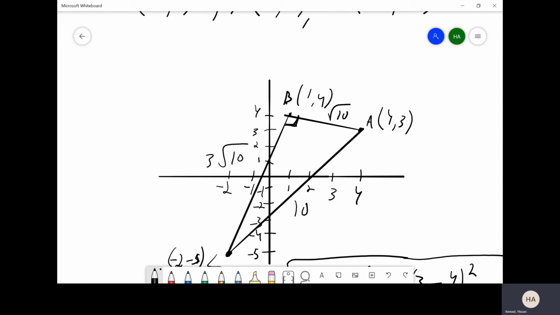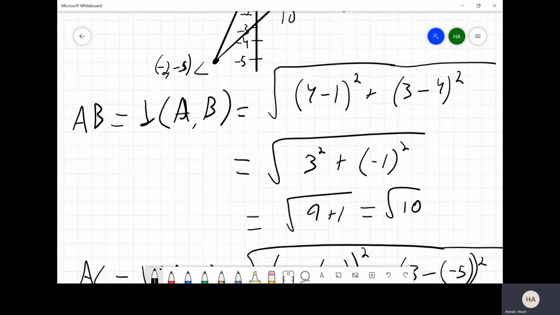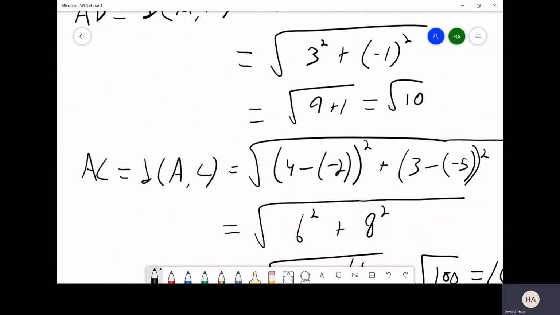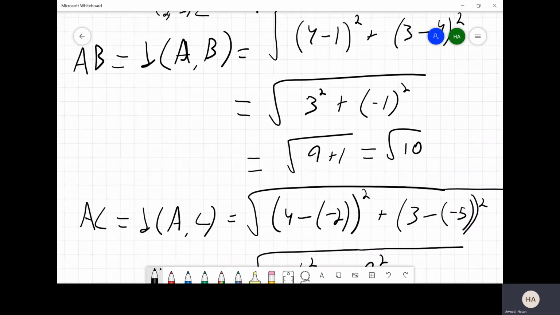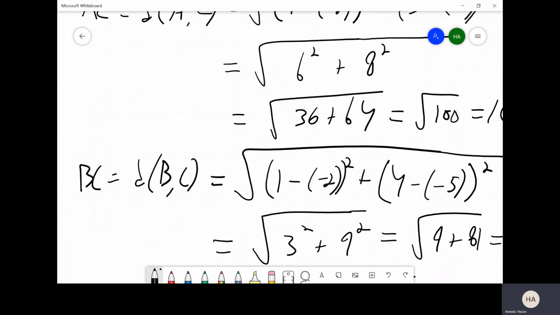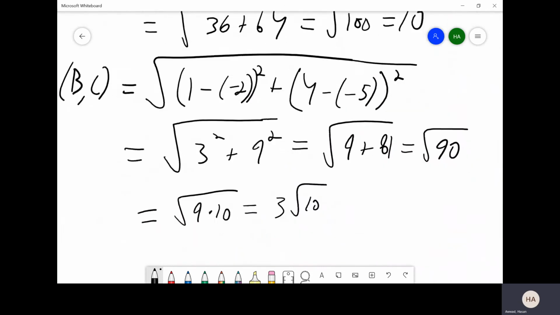So if that's the case, all we had to do was get the lengths of each side, and once we got the lengths of each side, we just had to plug into our Pythagorean theorem. Finding the lengths of each side just means finding the distance between all of the different point pairs. So that means between A and B, between A and C, and then between B and C. And we found our solutions for all of them.